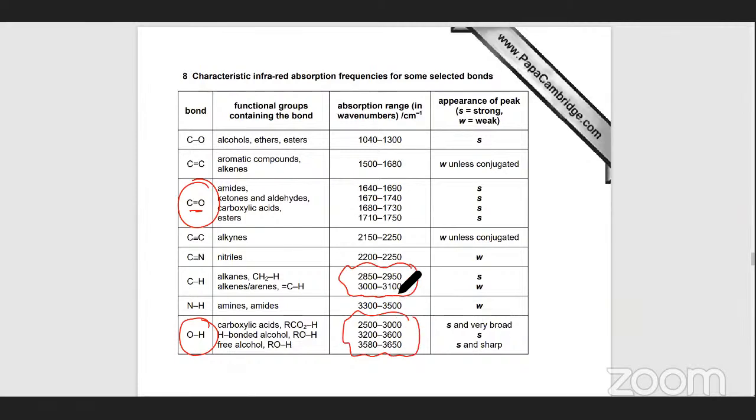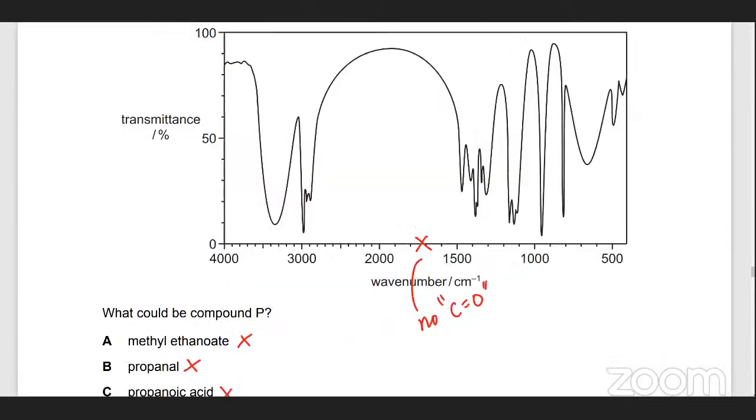So whenever you have an OH, there's going to be some absorption above 3000. So just for confirmation, although we know what the answer is, above 3000, this is your OH. This one around 3000, that's your CH. But they kind of get mixed up.